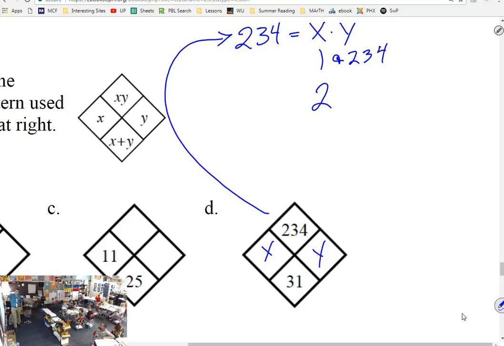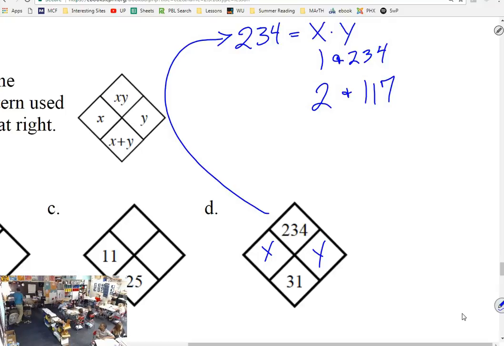But then if I think 2 and, what would be the number that 2 would multiply to get 234? Break apart the 200, half, 100. Half of 30, 15, half of 4, so 117, still doesn't work.